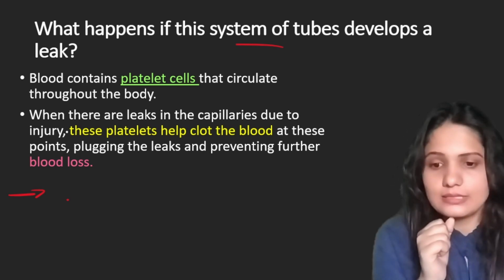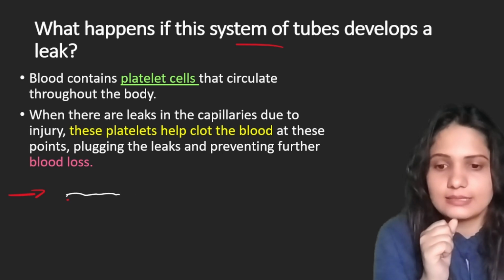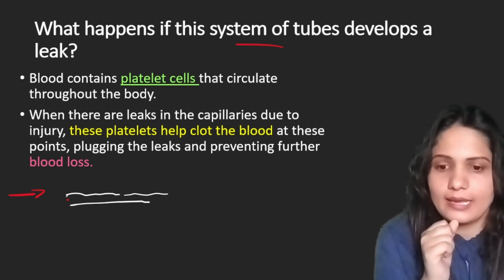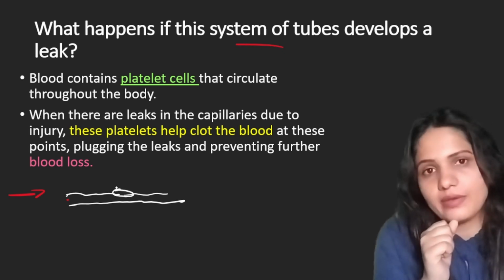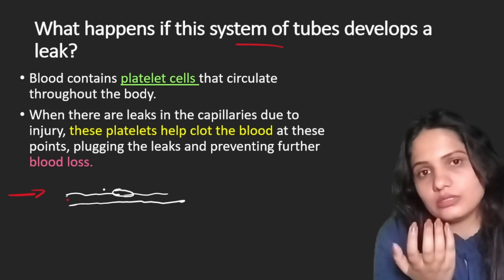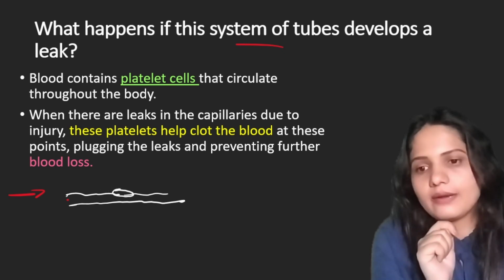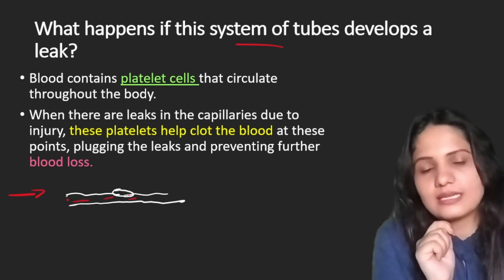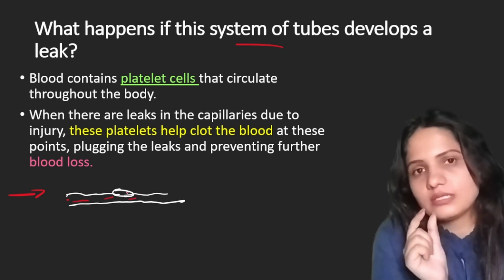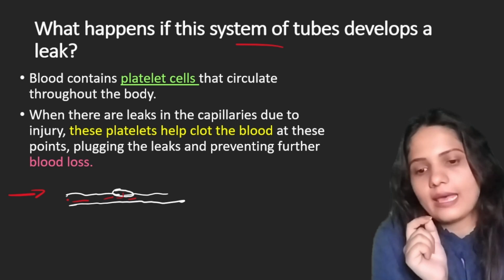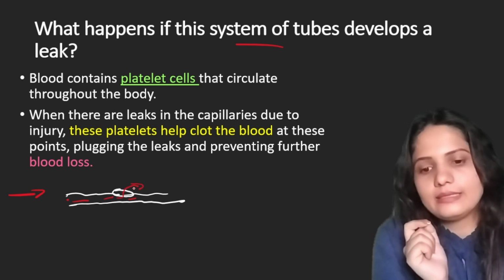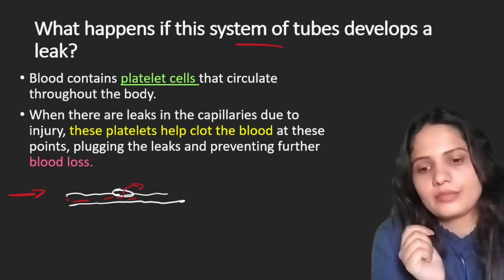Let's say this is our blood vessel, and this is the hole, the leakage, from where our vessel is injured and the blood is leaking. Our vessels contain blood. There is an injury in the vessel wall, the wall is disrupted, leakage will occur and the blood will leak out through the wall of the vessel. Now, this is the leakage of blood.